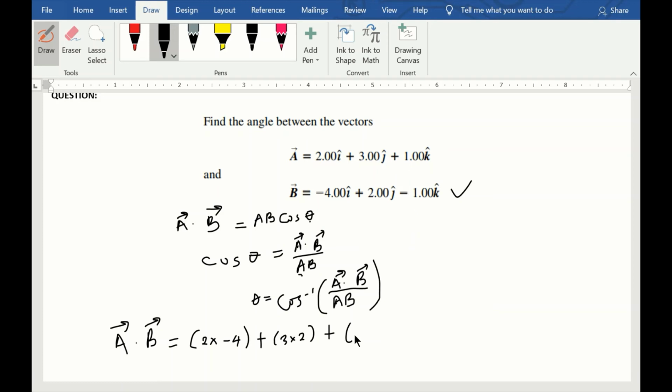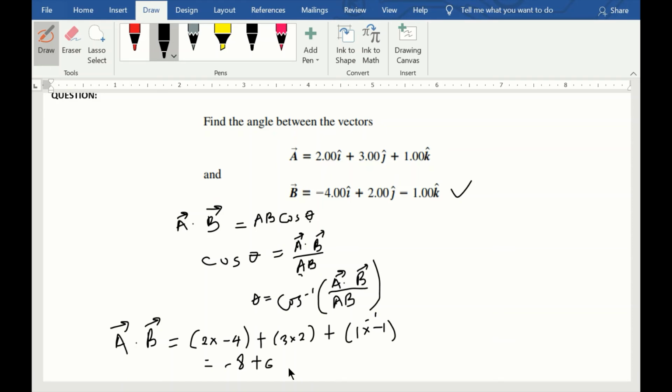So 2 times minus 4 is negative 8. 3 times 2 is 6, so we have plus 6. 1 times minus 1 is minus 1.